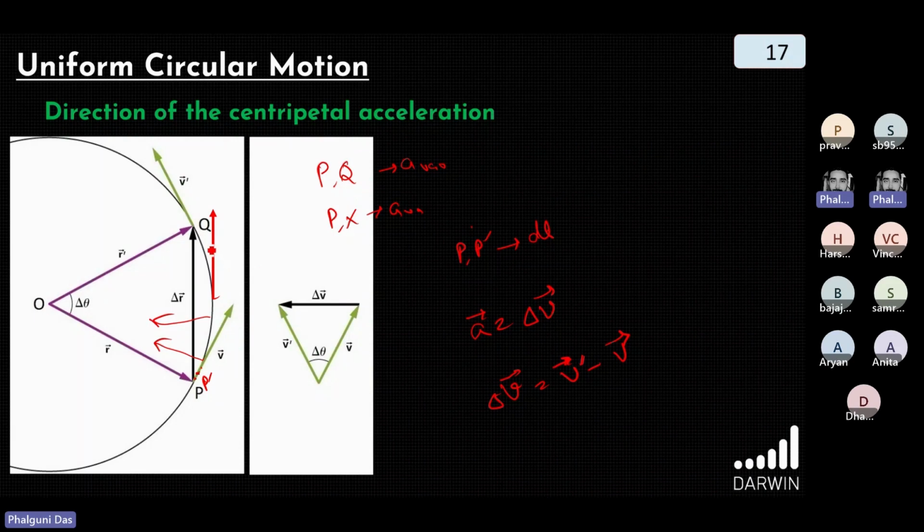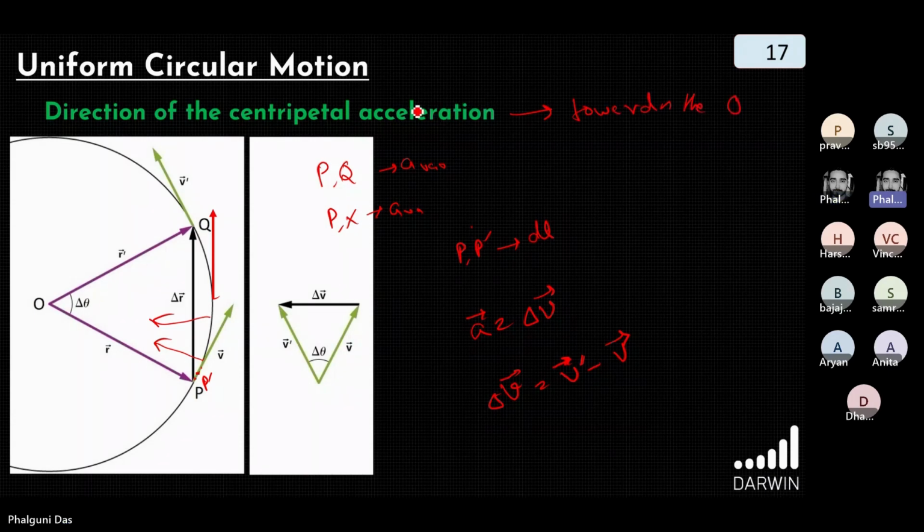We just need to find the direction of delta v, the change in velocity. And change in velocity has the same direction as acceleration, which we saw by taking multiple examples, that they all point towards the center. So one fact that we got is that the direction of acceleration is towards the center, or towards point O.